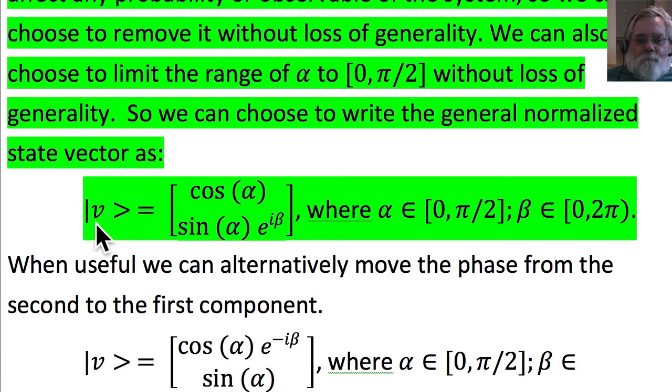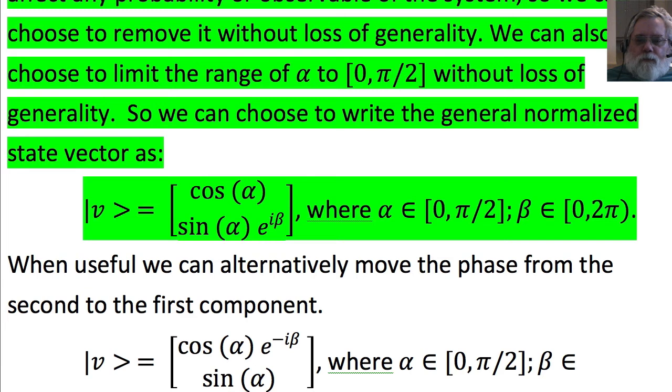So equivalent ket v is cosine alpha for the first component, sine alpha e to the I beta, where alpha, now we're restricting to 0 to pi over 2, and beta could be any number, but we will normally try to keep it in the range 0 to 2 pi.